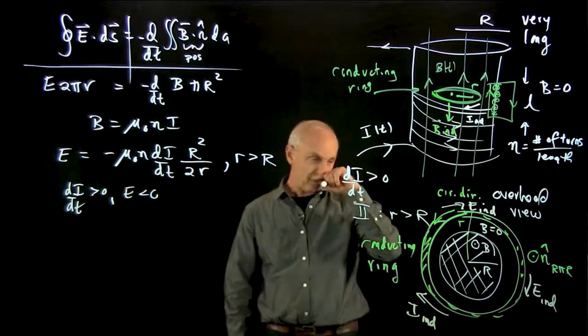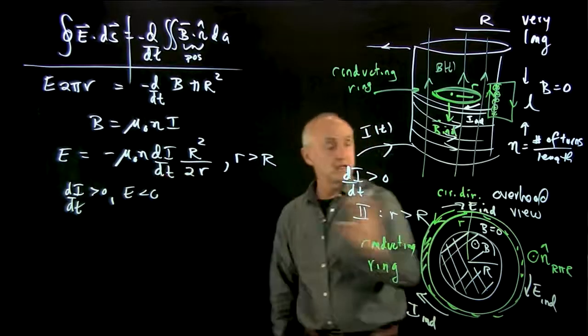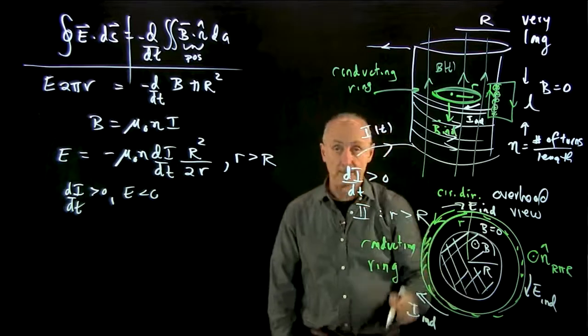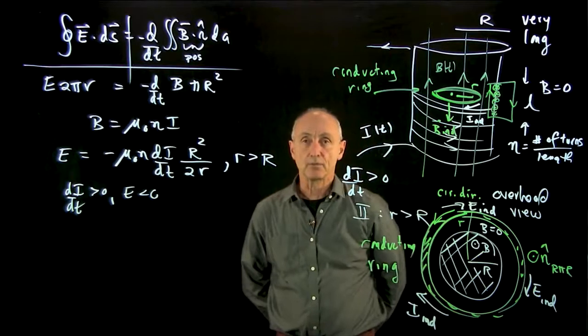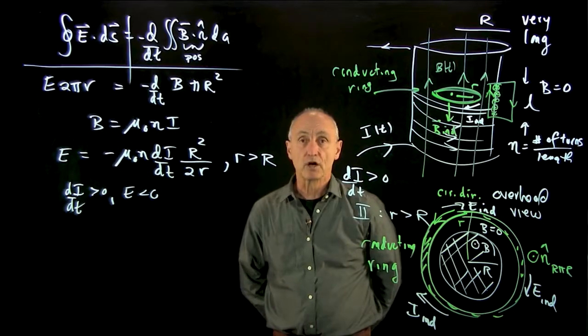And that induced current will produce magnetic flux that opposes this increasing magnetic flux inside this whole area. And so that's our example where we're calculating the induced field in terms of Faraday's law.